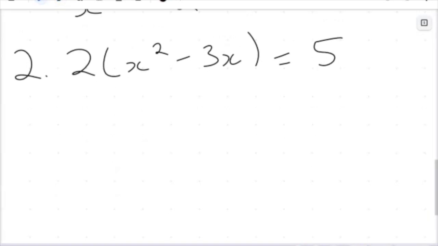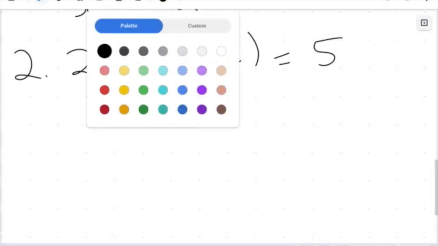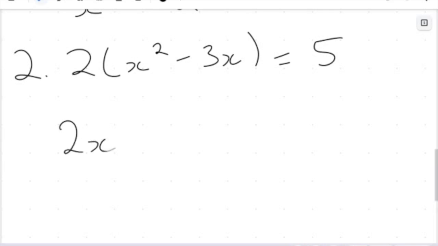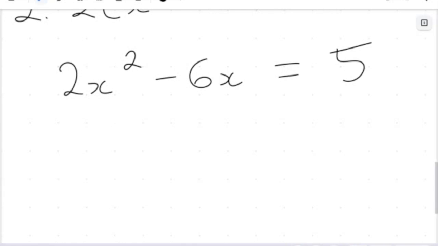So when I expand, just a reminder, we want to multiply my outside term by all of my inside terms. So 2 times x squared gives me 2x squared. 2 multiplied by negative 3x gives me negative 6x. And I've now successfully expanded my brackets on the left-hand side, and my 5 stays the same over here.